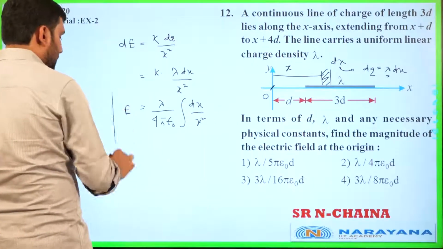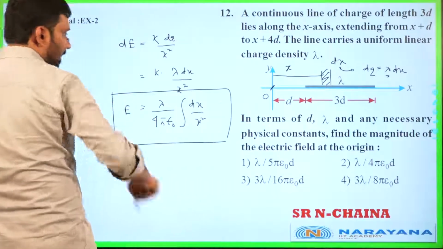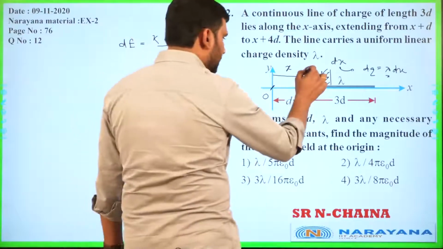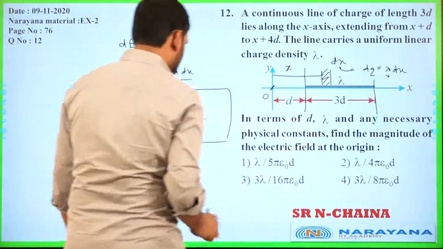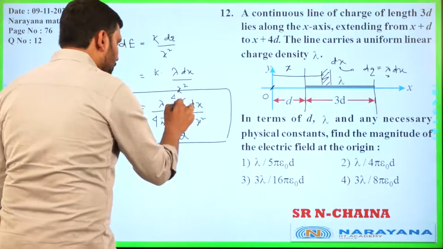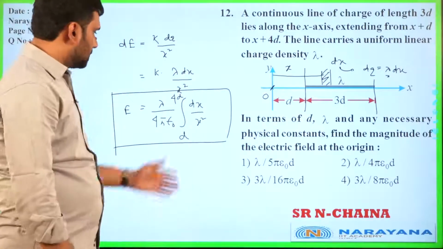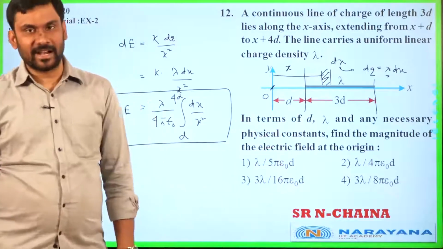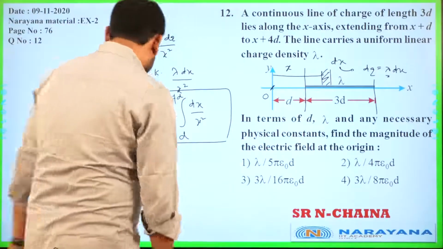So that is the electric field. Here you choose the limit. What is the limit here? The x value can range from d up to here. So the limit is from d to 4d. That will give you the answer. Pretty simple question. It should be solved in less than 60 seconds only. Okay? Chalo.